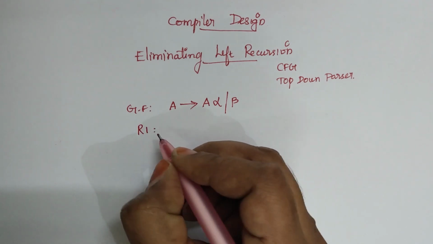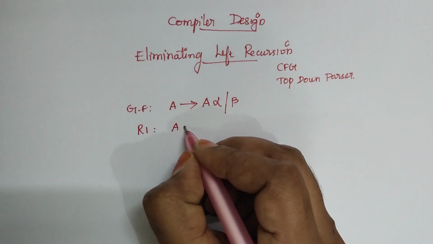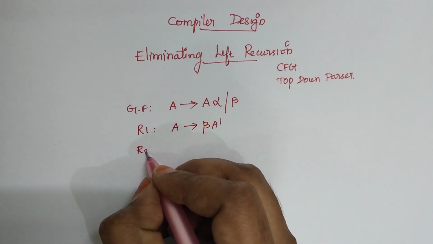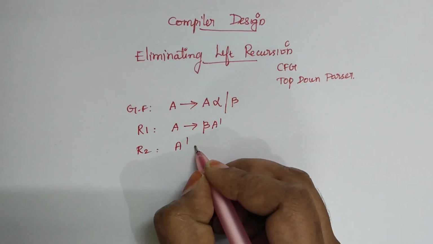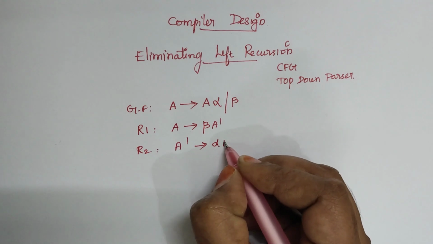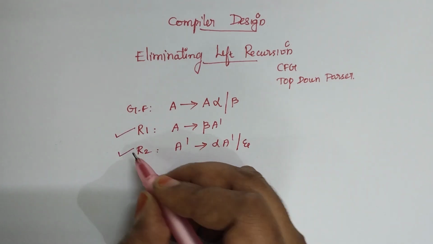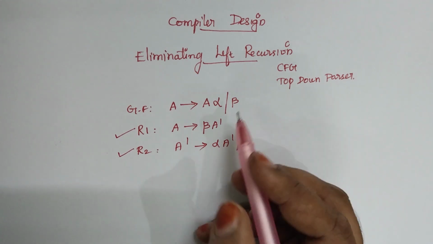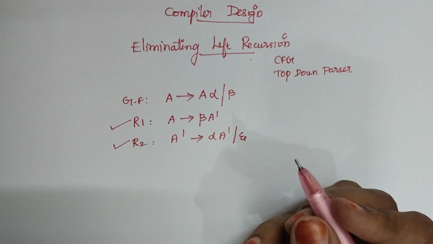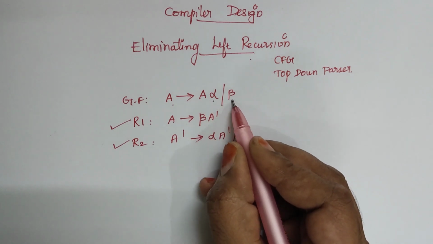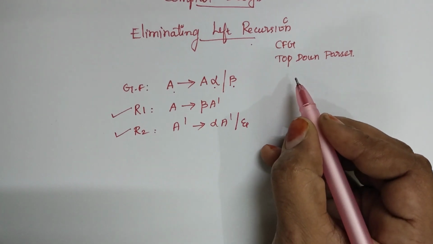Rule 1 to eliminate this left recursion is A produces beta A dash, and rule 2 is A dash produces alpha A dash or epsilon. By using rule 1 and rule 2, we are going to eliminate the left recursion in the given grammar. Now I'll tell you what is this A, what is this alpha, what is this beta with an example.